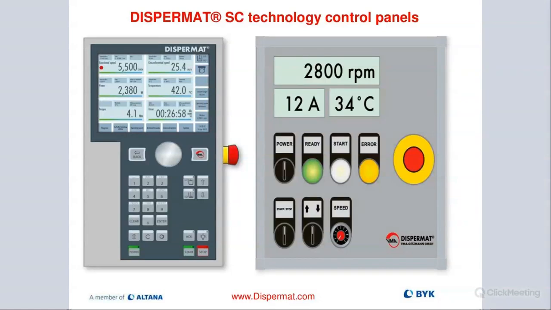A few slides about quality control, or what we see on our display. The control panel, which you can see on the left, allows you to not only see and adjust the speed, but also the energy or watts that we are putting in. We can see the torque reading.